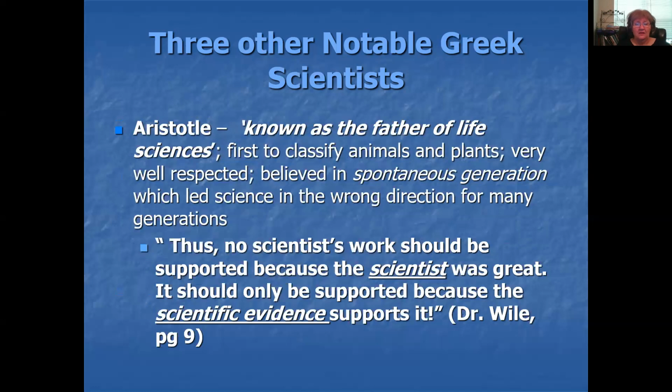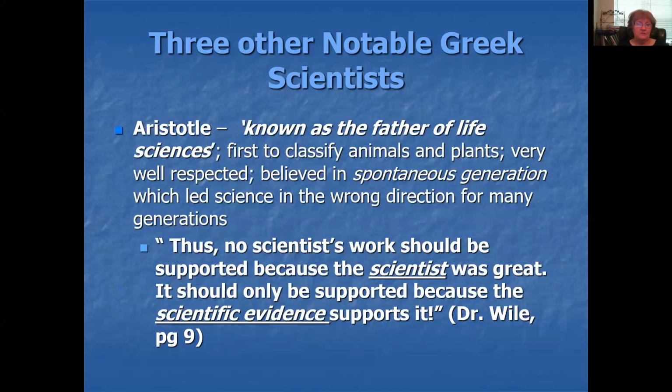Now, this is a quote I put in here from Dr. Weil on page 9. He says, thus, no scientist's work should be supported because the scientist was great. It should only be supported because the scientific evidence supports it. Everybody thought Aristotle had the final word. He's a great scientist.